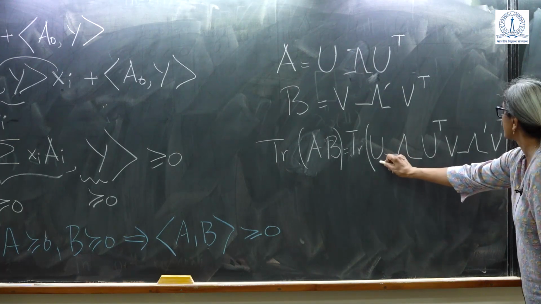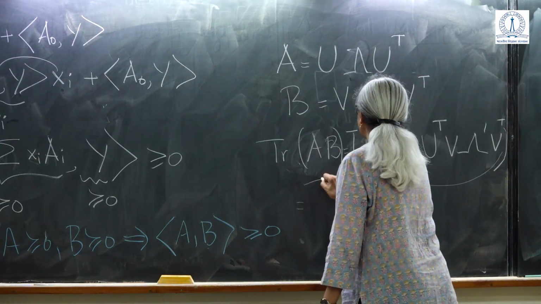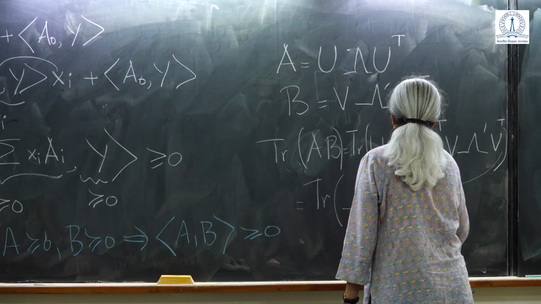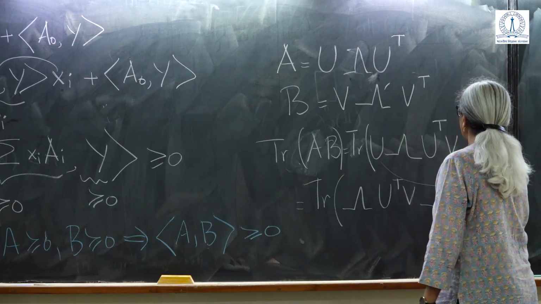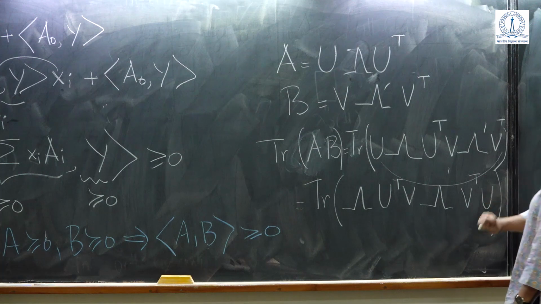So I could move this U to the other side. This is another fact, there are lots of facts. So this is lambda U transpose V lambda prime V transpose U.